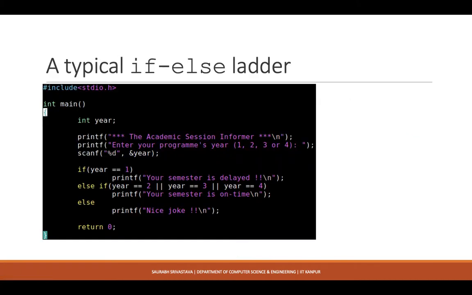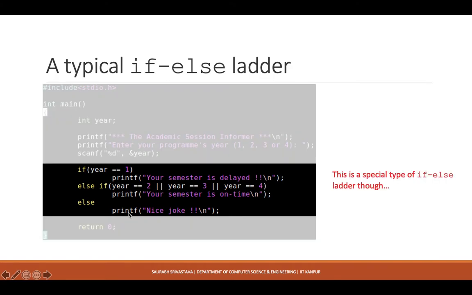And we also knew that we can actually create ladders of if and else, something like this, that you basically have if, then an else if, there can be a number of else ifs here, and then finally an else. So this is a very simple example. We are basically saying that you are going to enter the year in which you are currently studying, and this is basically applicable to you guys right now, that if the year is 1, it will simply show you that your semester is currently being delayed.